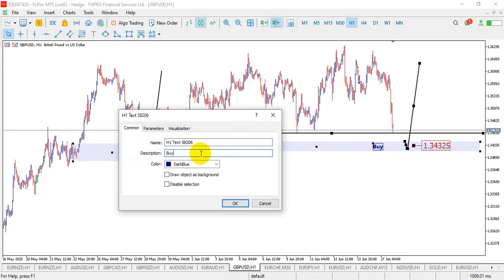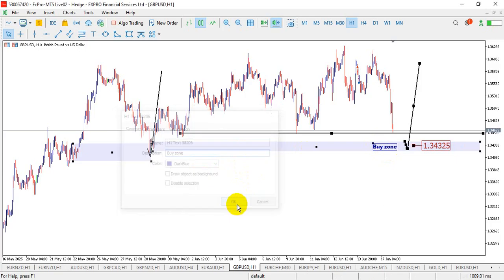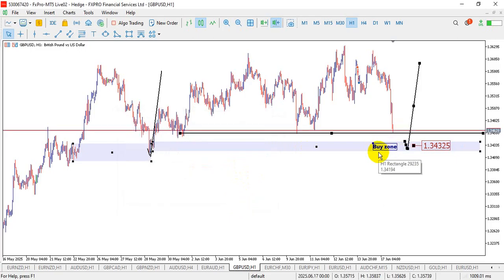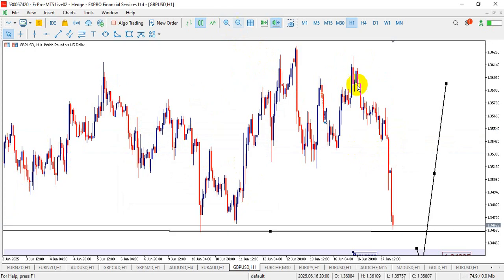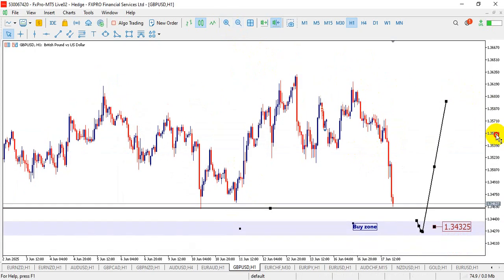Okay, so let's call it buy zone because we see that price is spot on the other block. So we are looking to take our entry on the other block.